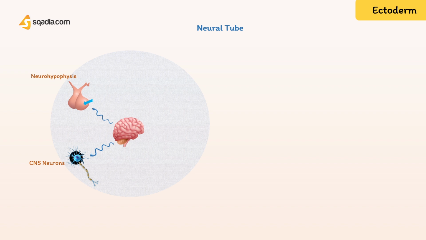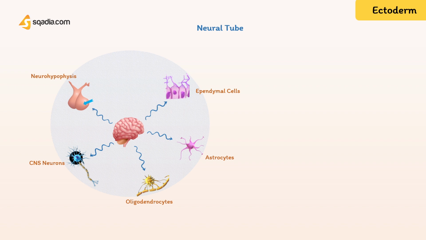Moving on to neural tube, the neural plate is broader cranially and this forms the brain, including the neurohypophysis or the posterior pituitary gland, the CNS neurons, thirdly the oligodendrocytes, which are a type of large glial cells in the CNS, astrocytes, which are also a subtype of glial cells, ependymal cells that are a type of neuronal support cell, and then we have the pineal gland, which is the source of melatonin release.